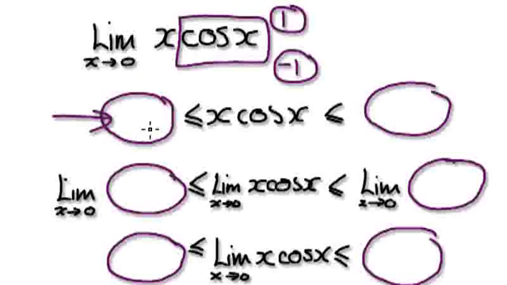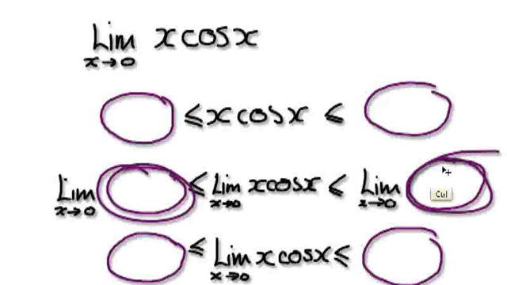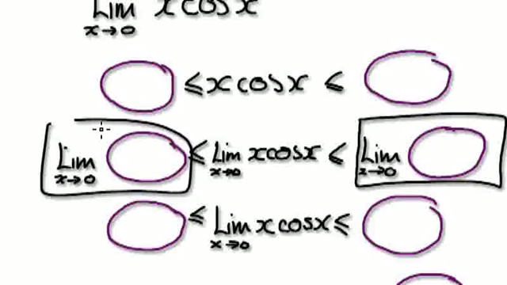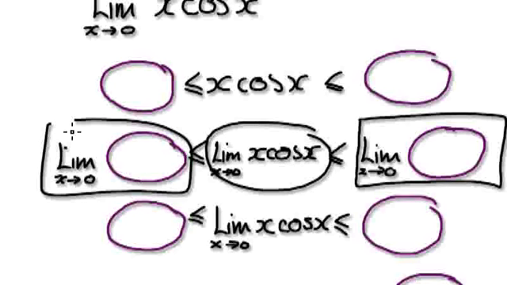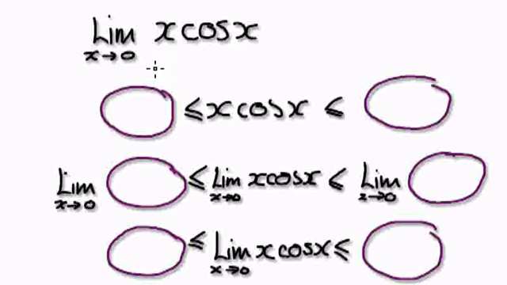So fill in what goes into this bubble and this bubble, then take the limit of this thing and this thing, and our limit is trapped in between this and this. Work out the limit of this here.